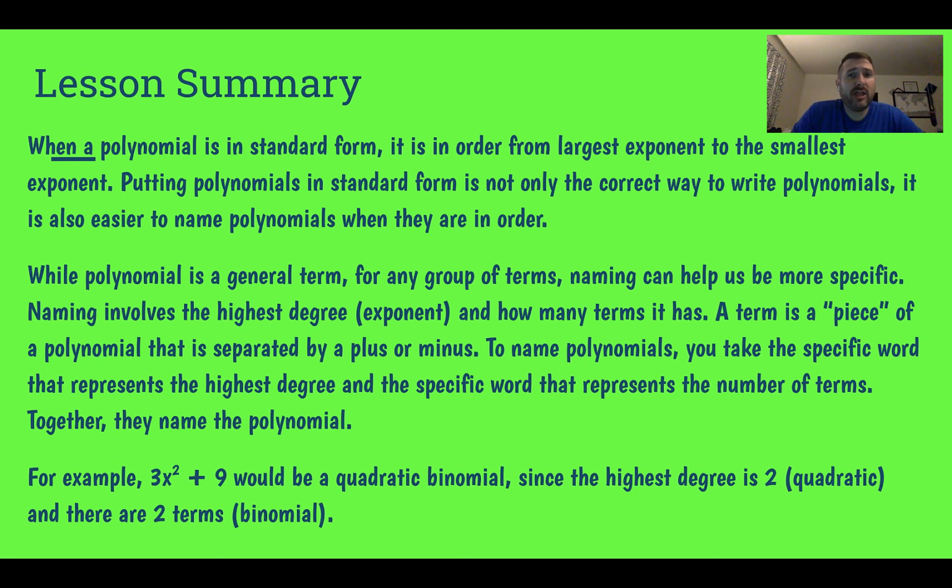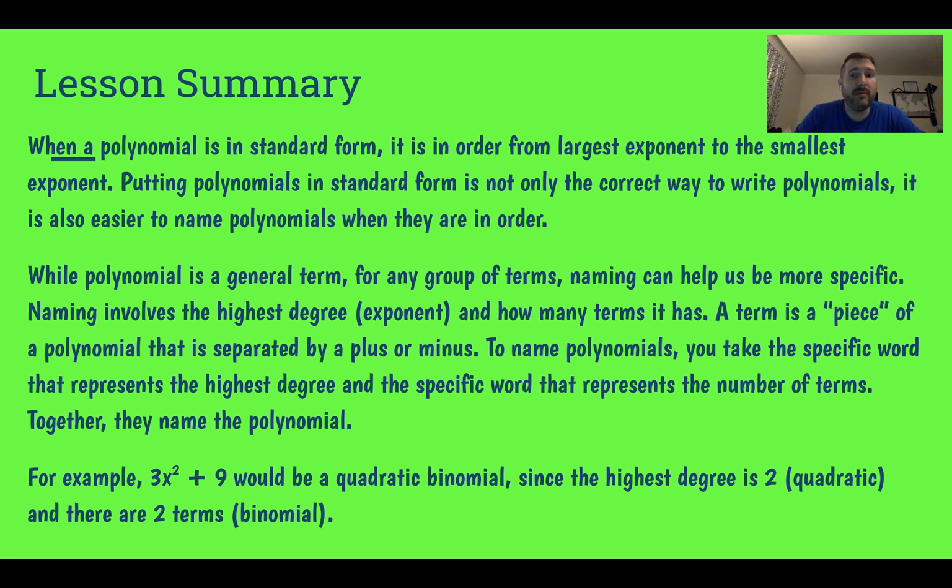While polynomial can be a general term, as I said throughout this lesson when I was calling everything a polynomial, naming them can also help us be more specific. So when we're naming, it involves the highest degree and the number of terms. A term is just a piece of the polynomial separated by a plus or a minus.